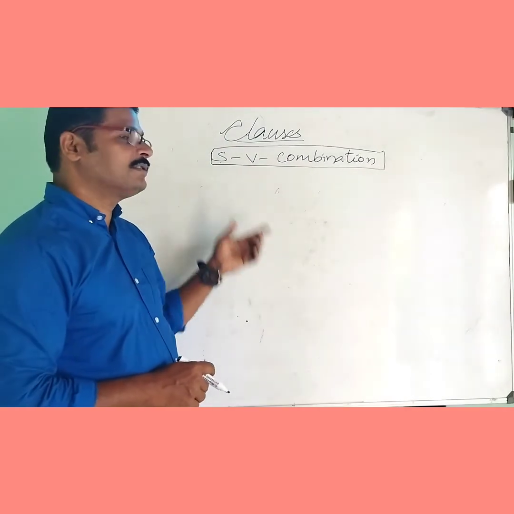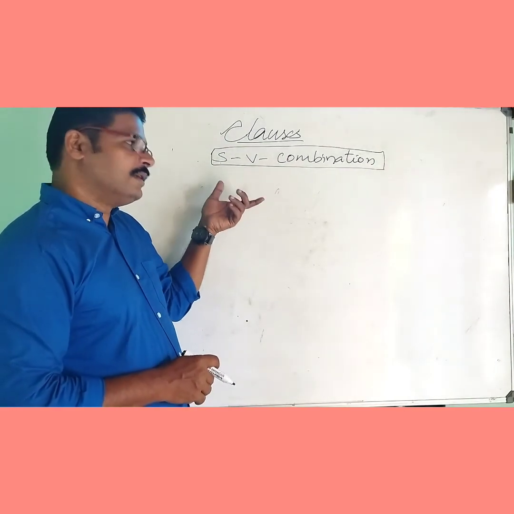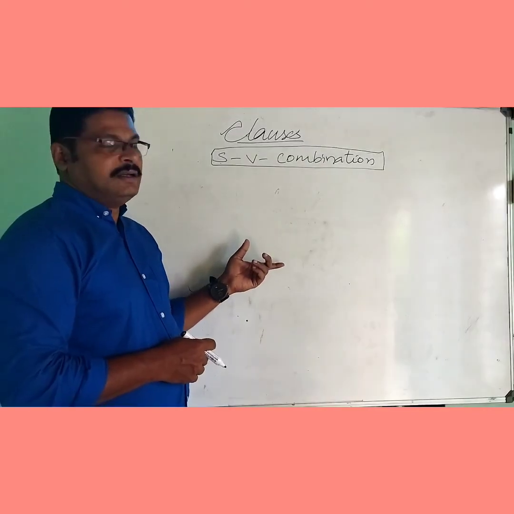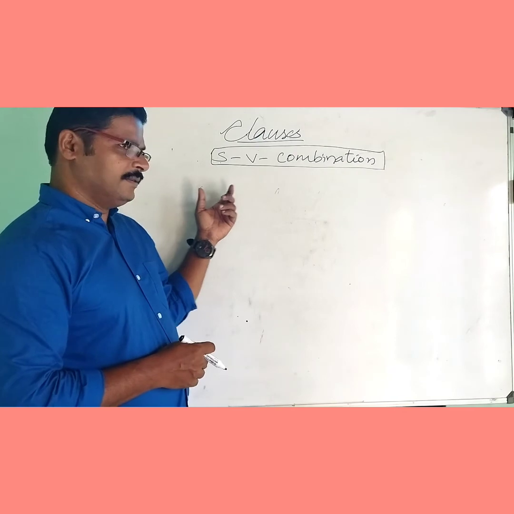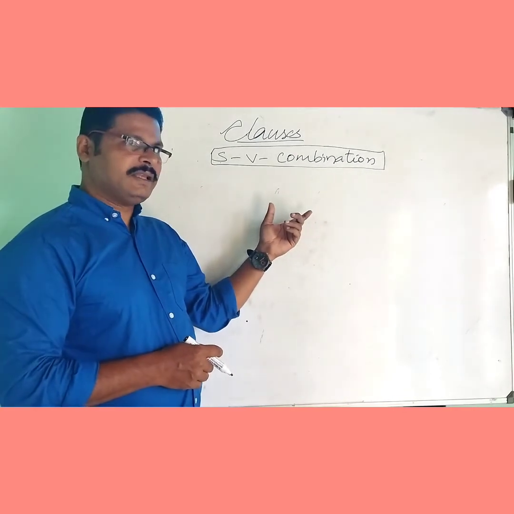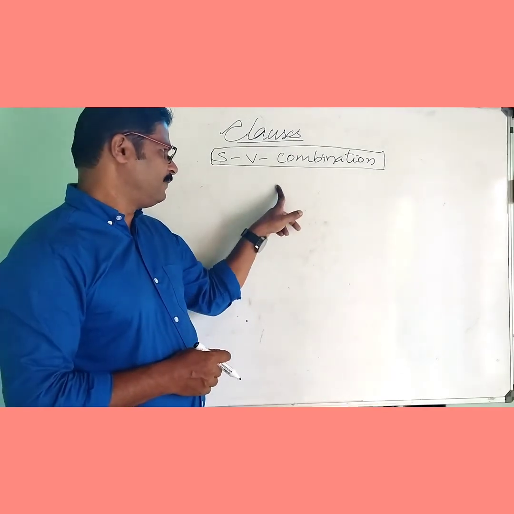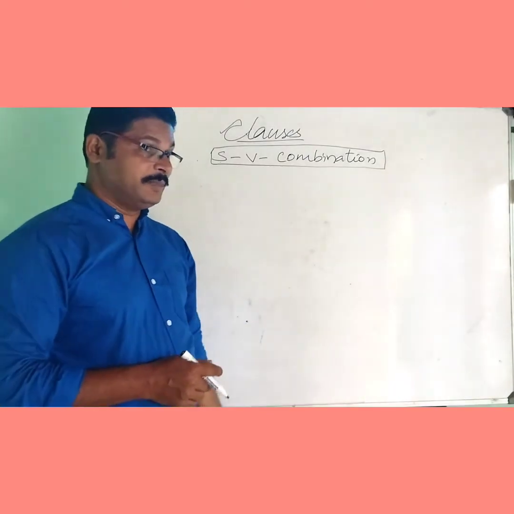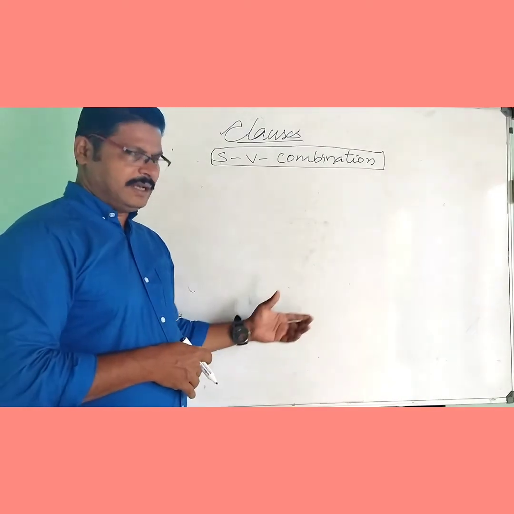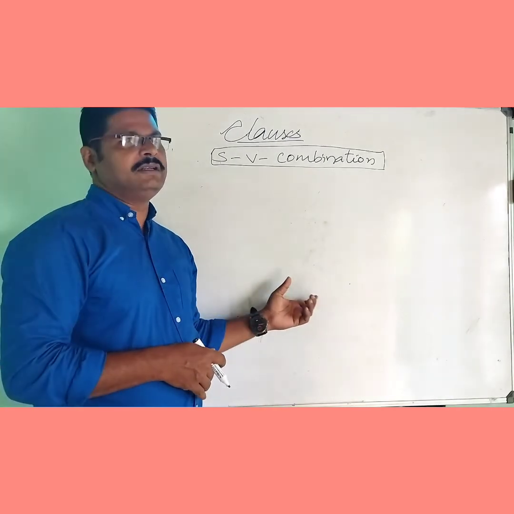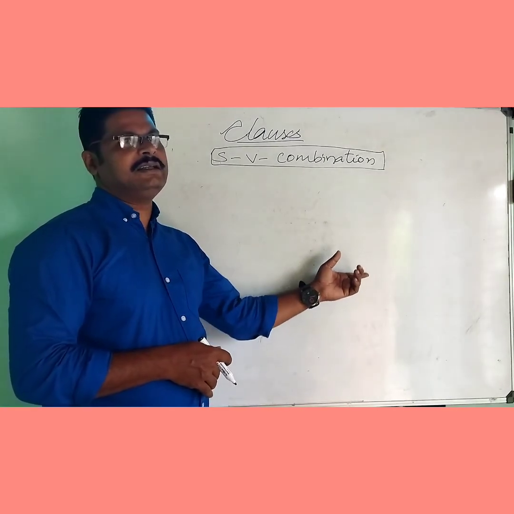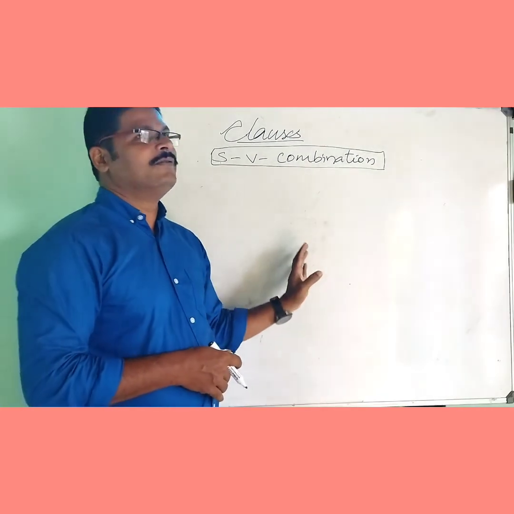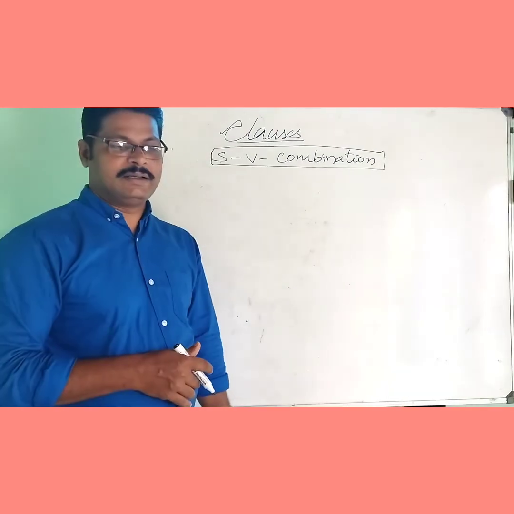Whereas clauses have a subject-verb combination, and there are two types of clauses. One is the main clause, the other one is the subordinate clause. A main clause is a full sentence. It can stand all by itself with its complete meaning. It doesn't need the support of a subordinate clause. But a subordinate clause cannot stand alone. Though there is a subject and verb in it, it doesn't carry a full meaning. It always depends on a main clause for its meaning. Is that clear so far?